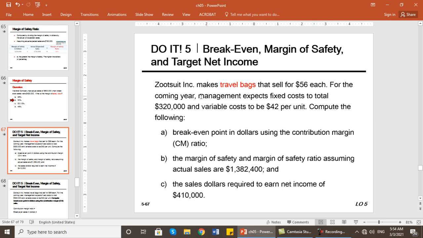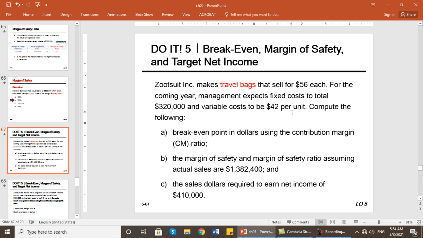For the coming year, management expects fixed costs to total 320,000 and variable costs to be $42 per unit.